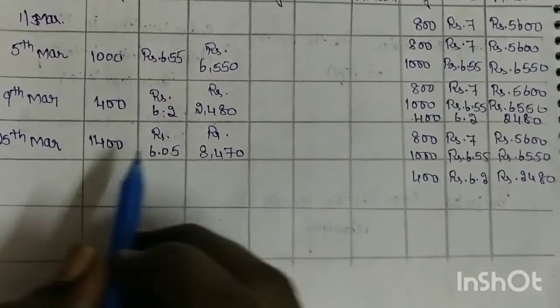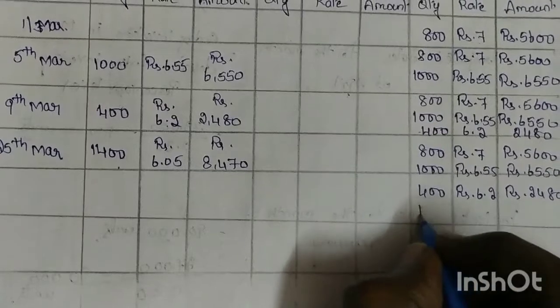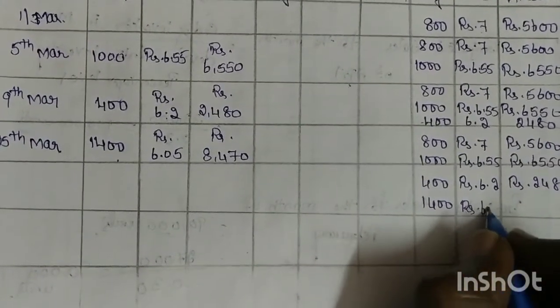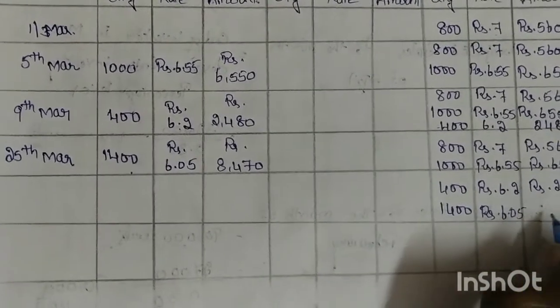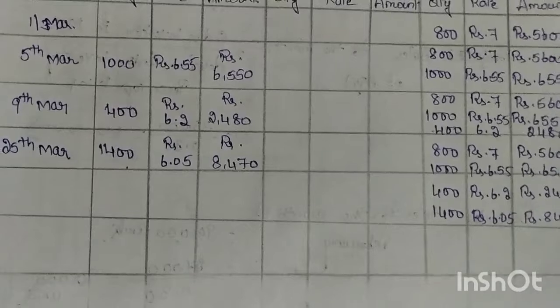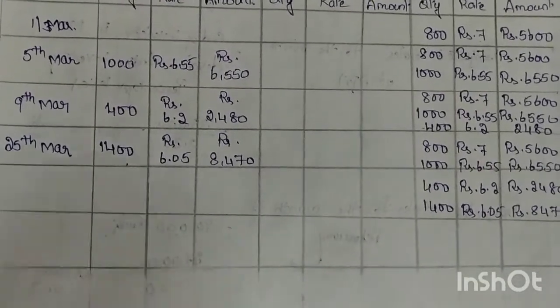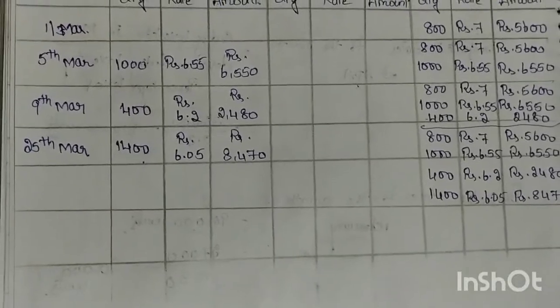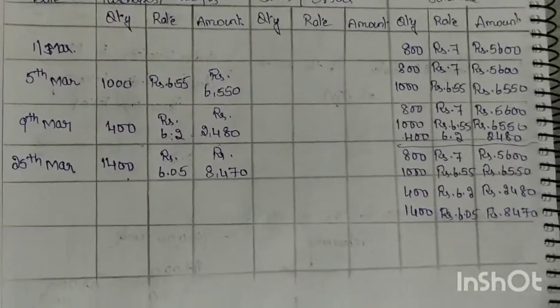These are all previous balances. Now add this balance, 1400 at rupees 6.05, and the amount is rupees 8470. So like this we'll go for making the addition. So all the purchases.